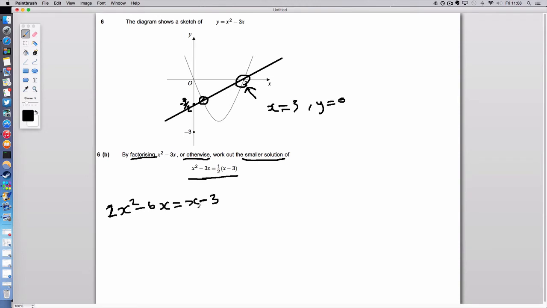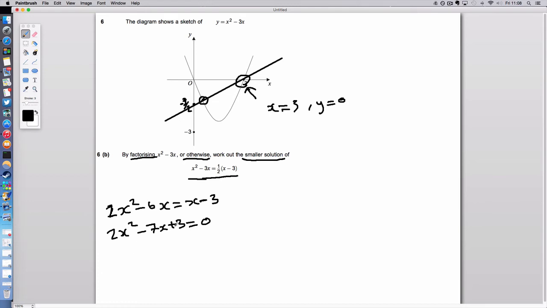We want all the x terms and constants on one side, making the quadratic equal to 0. So 2x squared minus 7x plus 3 is equal to 0, right? You've seen this form before, where a is the coefficient of x squared, b is the coefficient of x, and c is the constant.